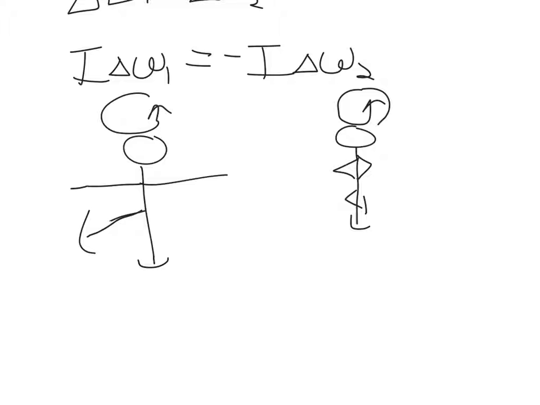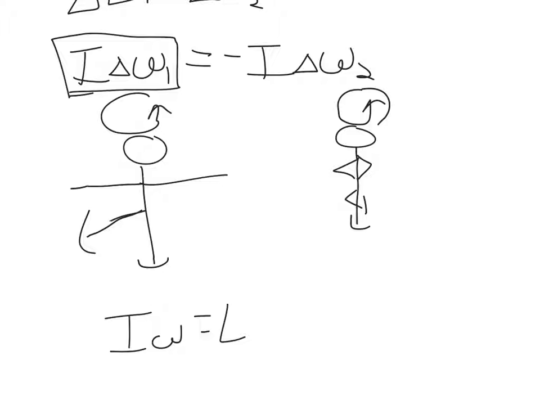Why would that happen? Well, in this position he had some initial angular momentum, some initial moment of inertia, and some speed. So you could say that the I omega in this position was equal to his angular momentum, and it could be omega 1 and then I1.